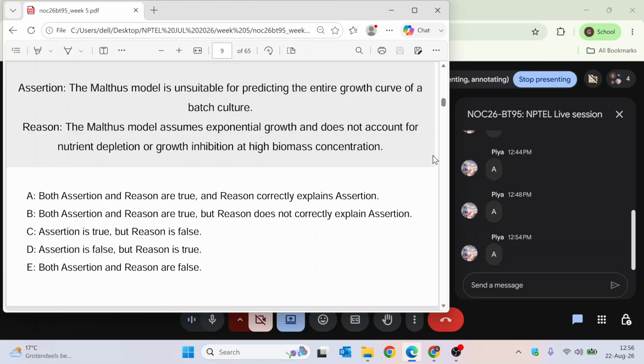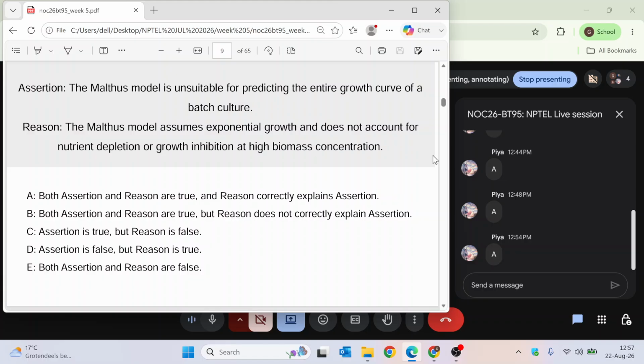The e power rt term in the Malthus equation says that there is going to be exponential growth. Here we only have two factors: one is the rate and the other is the time. With a given rate and for a given time, there will be exponential growth of a microbial population from the initial population, is what the Malthus model tells us.